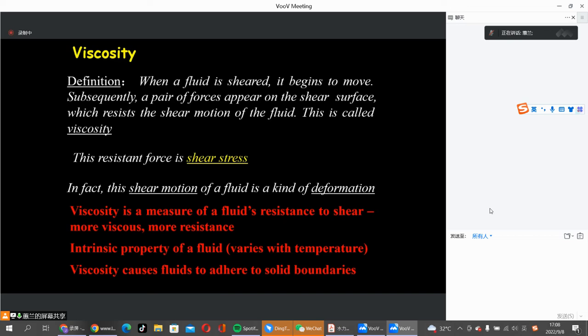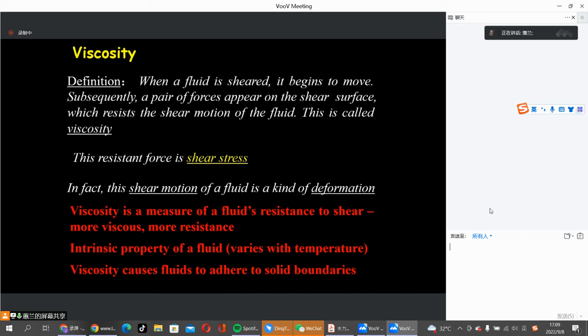Obviously, more viscous means more resistance, so it is more difficult to deform. Viscosity is actually an intrinsic property of a fluid. It varies with temperature, and we will see what happens to viscosity when temperature increases or decreases.